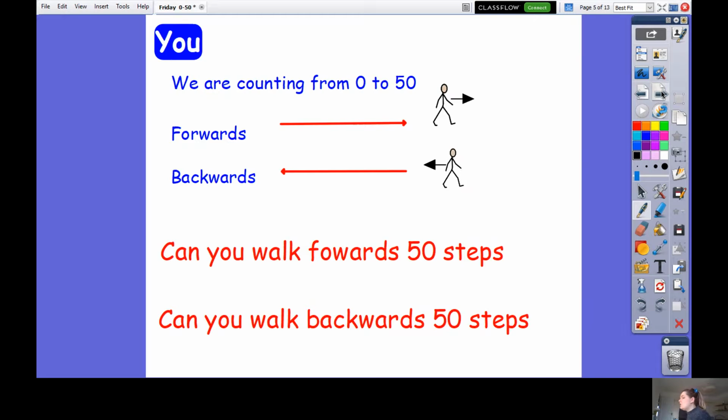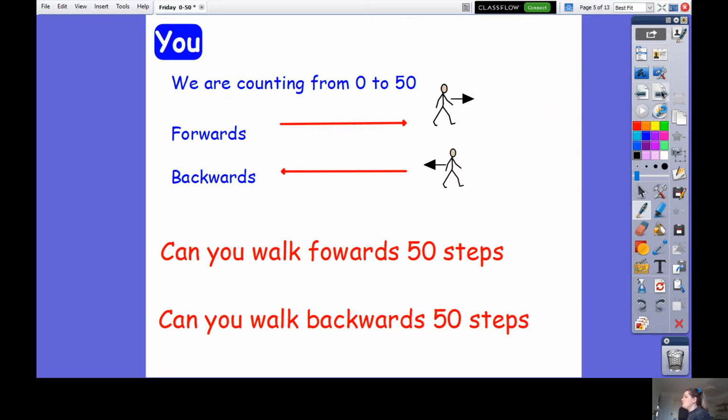Great job. 40, 39, 38, 37, 36, 35, 34, 33, 32, 31, 30. Oh, keep going. Well done. 29, 28, 27, 26, 25, 24, 23, 22, 21. What comes next? 20.